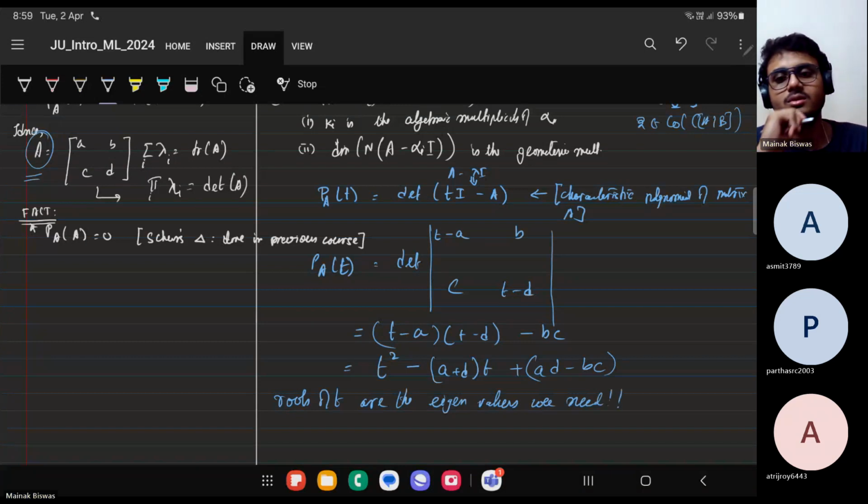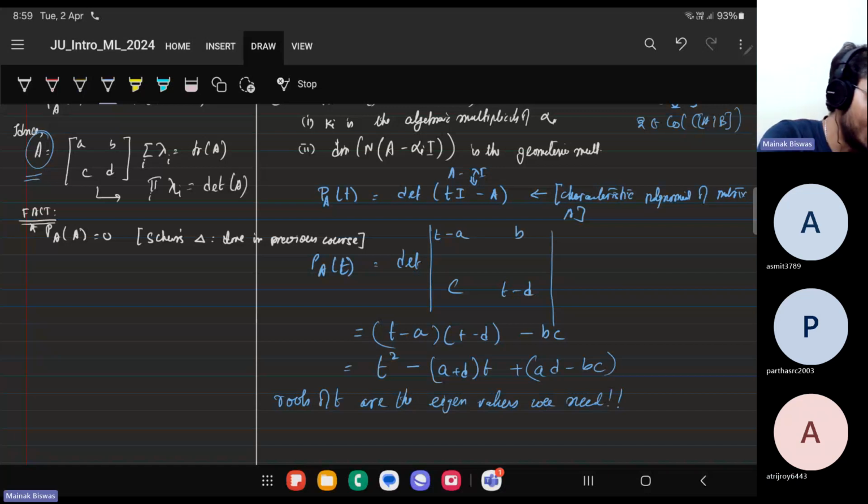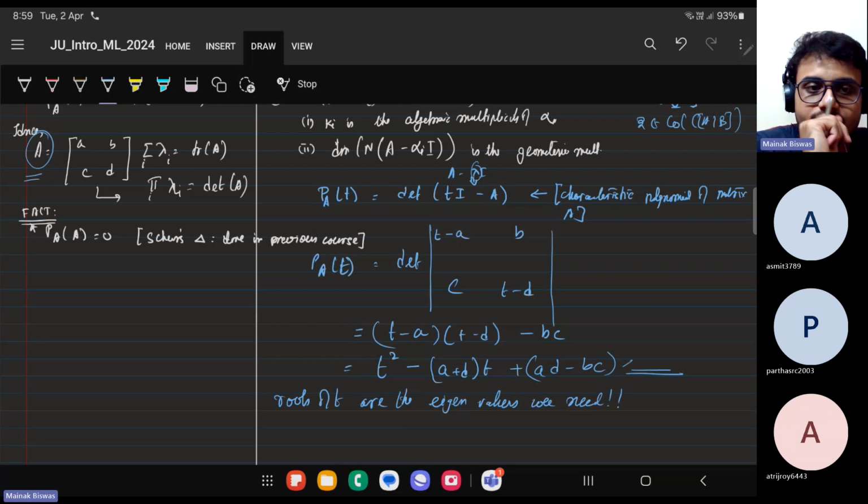Because instead of lambda, I have just written t. So roots in lambda are the same as roots in t. So can I get some information from this equation about the roots?